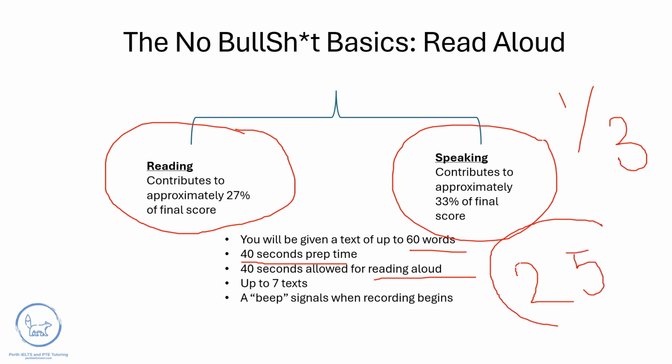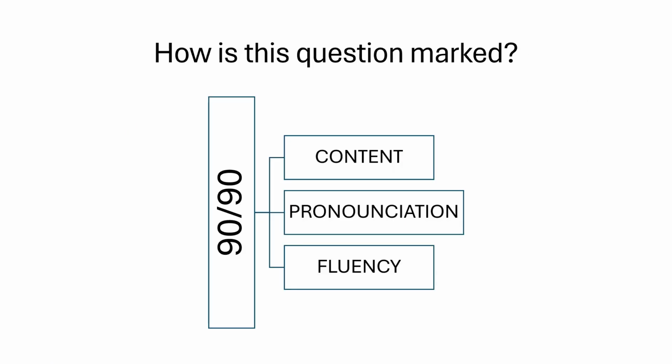Anything less than that, I suspect you have not read enough. You can be asked to repeat this question type up to 7 times. The good thing about this question type is that there is a beep that signals when your recording is about to begin.